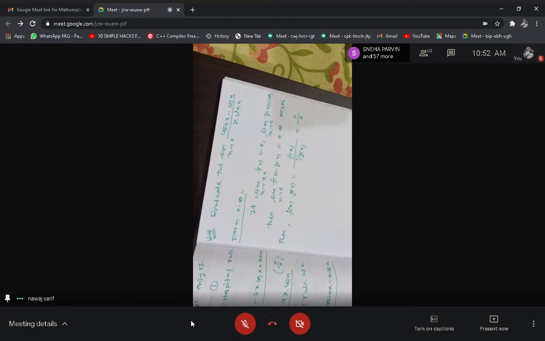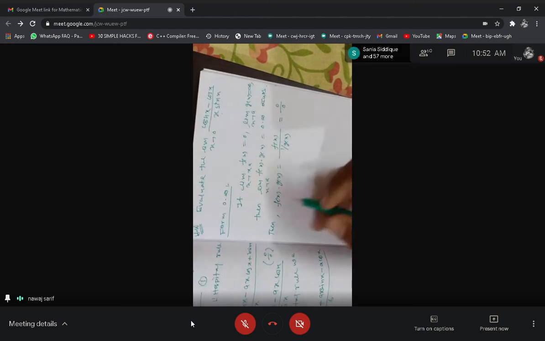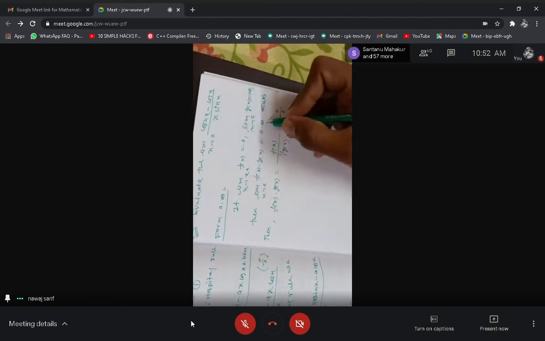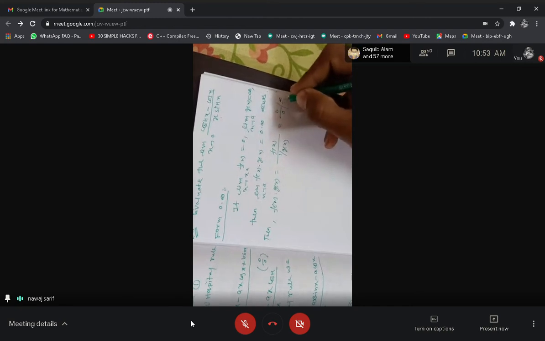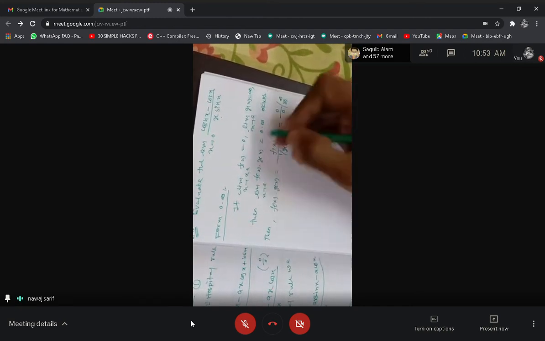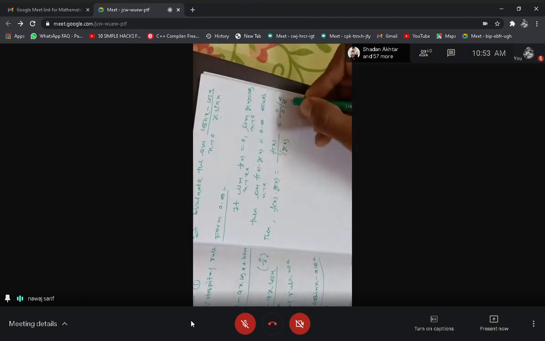Okay, understand? That means when you are given that the limit is of 0 into infinity form, then you can convert this to the 0 by 0 case or also the infinity by infinity case. If you choose 1 by f(x), then that can be the infinity by infinity case.